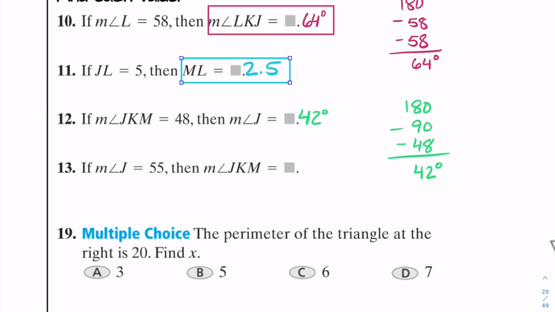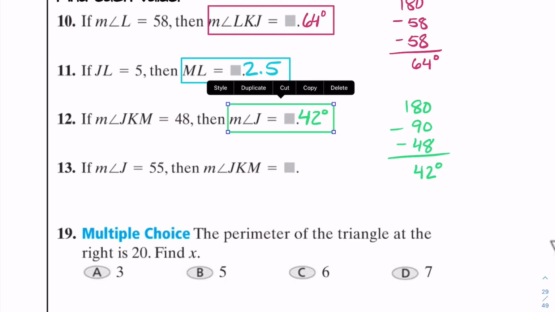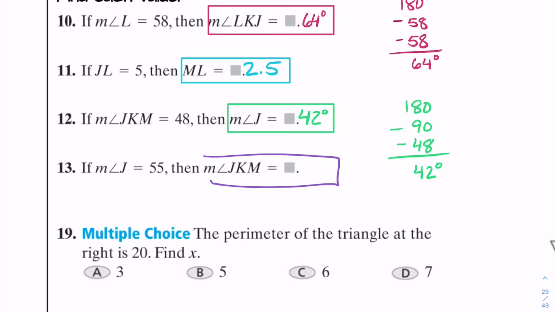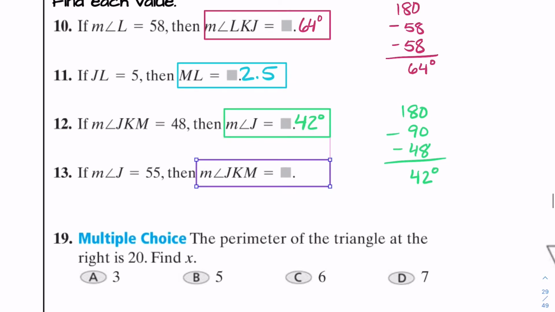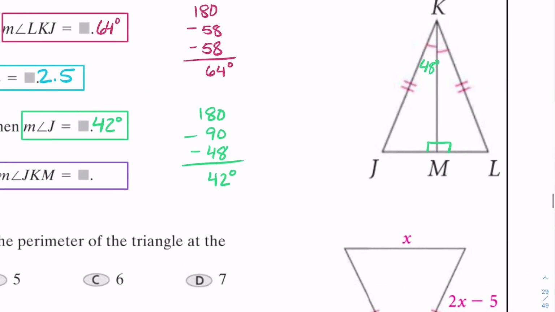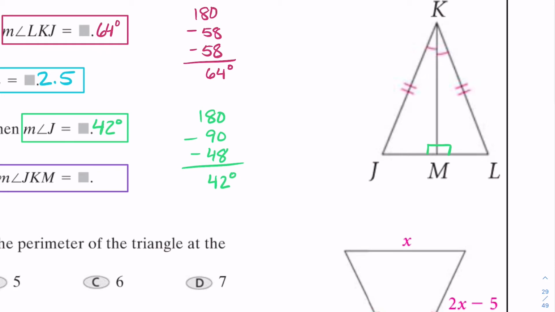Okay, and this last one. And now we are given that J is 55 degrees. What would the measure of angle JKM be? JKM. So J is 55. Let's erase that.